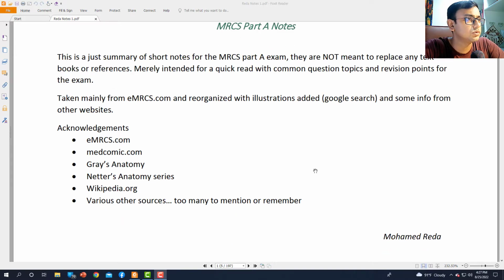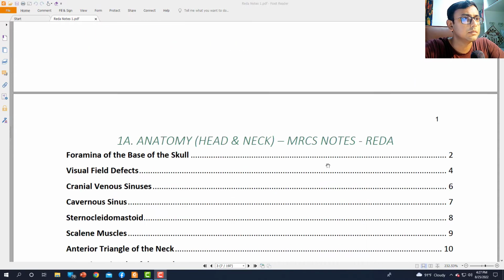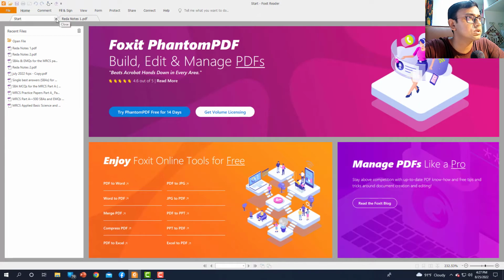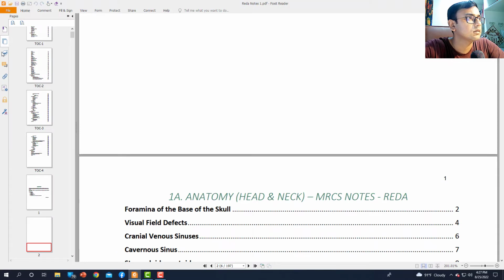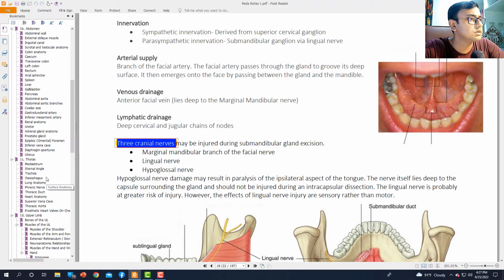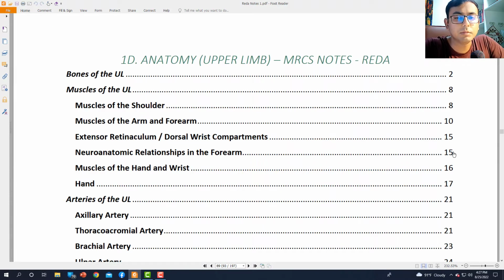Okay, let's go through the first things, the anatomy of head and neck. But today I'm going to start first with the upper limb. So here it is, upper limb. So what are the topics of the upper limb that are necessary?